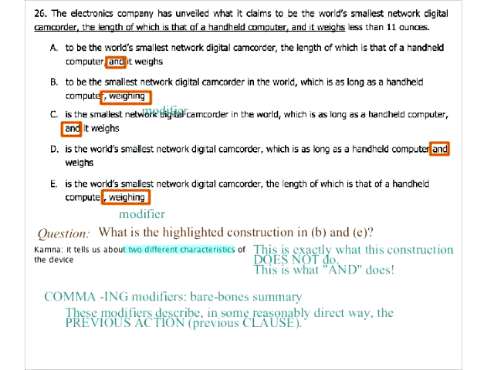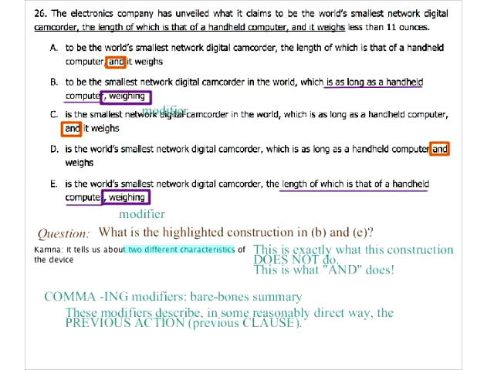The previous action is this. That's talking about how long it is, and weight doesn't describe length. These are different facts. I mean, you might say in a vague sort of way that they're both facts about how small it is, but they're different dimensions. One of them is length, one of them is weight.